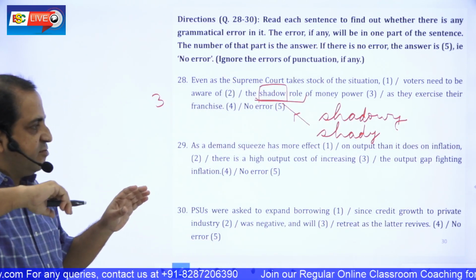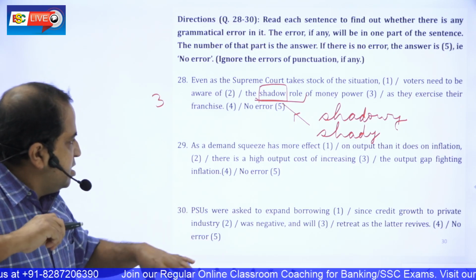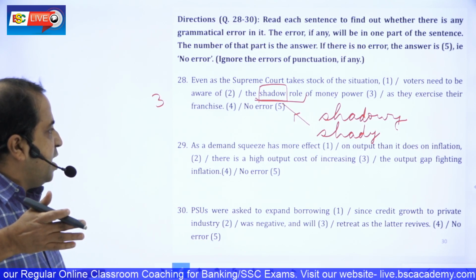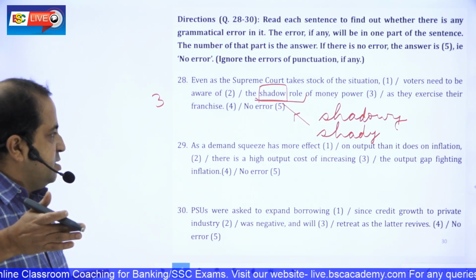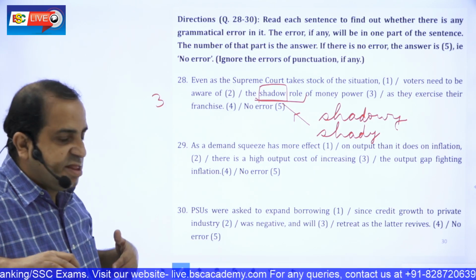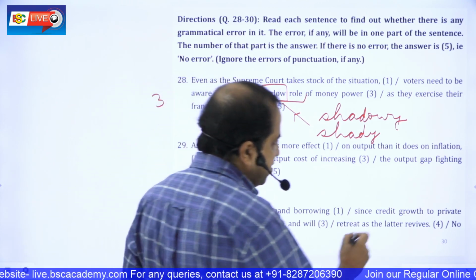As a demand squeeze has more effect on output than it has on inflation, there is a high output cost of increasing the output gap fighting inflation. There is a high output cost of what? Of increasing the output gap fighting inflation. Something is wrong here.